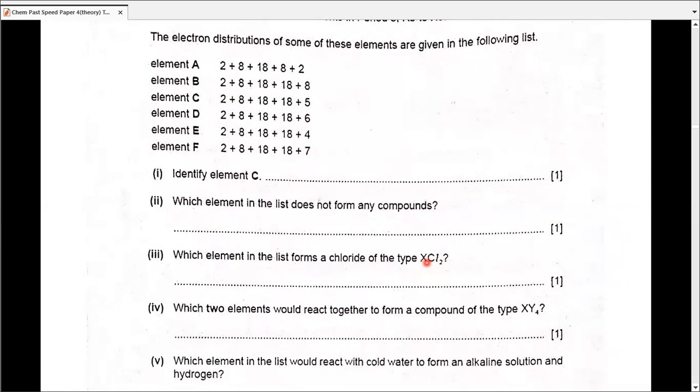Part 1, identify element C. This should be easy. We have practiced it. Identify element.